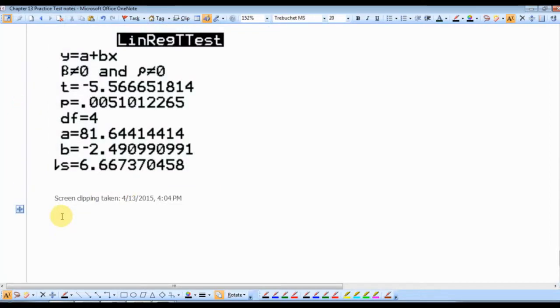So let's see. What do we have? First of all, the test statistic: t star equals negative 5.57.